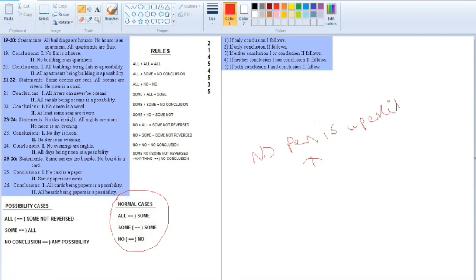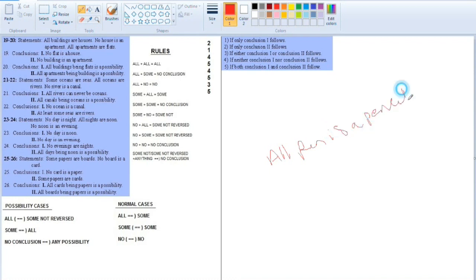And the other one is some. In normal cases, if there is something like all pen is a pencil, we cannot write it as all pencil is a pen.